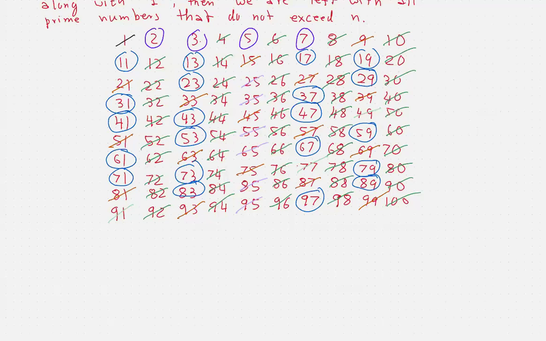And if we did everything correctly, I believe there are 25 prime numbers that do not exceed 100. So the probability that a number less than or equal to 100 is prime is exactly 1 out of 4, or 25%. Now, of course, for the next step we should better use a computer program, since we know the primes that are less than 100.